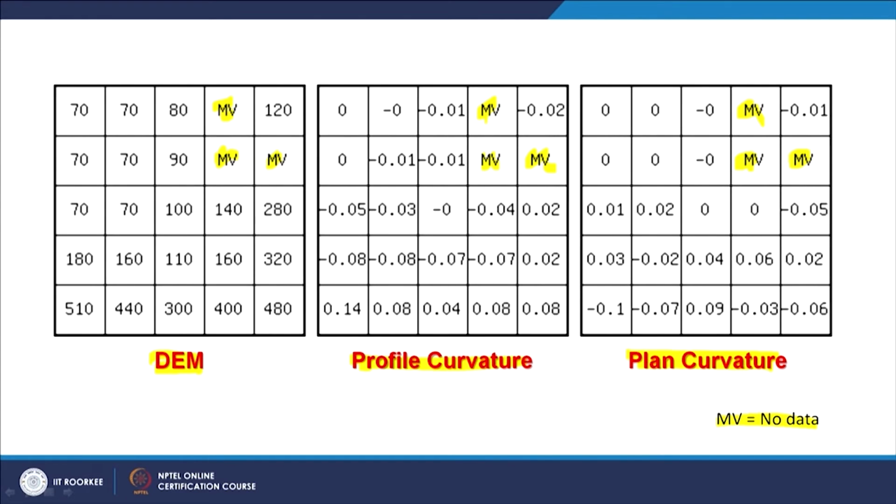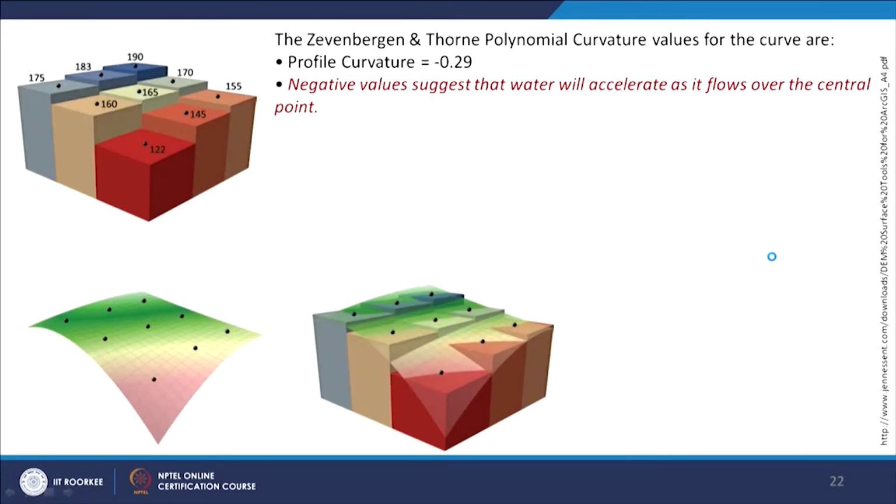So based on that, if I consider say this cell which is 70, here in the profile curvature the value is minus 0.01 and whereas it is 0. If I consider 160, this is minus 0.07 and whereas this is positive value 0.06. So obviously the profile and plan curvature for the same area is going to be different, though the DEM may be the same input.